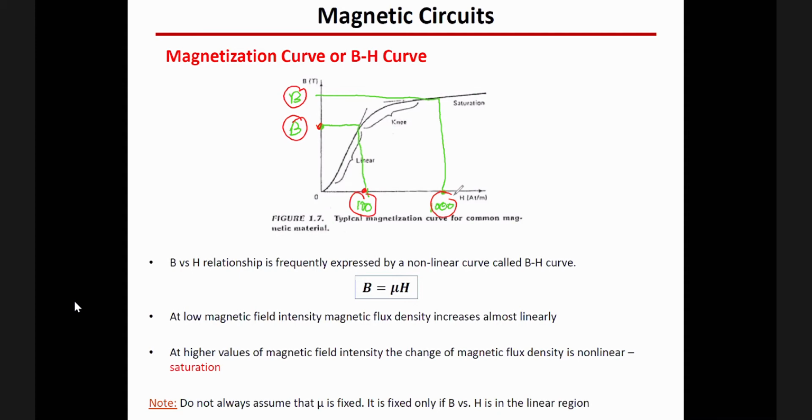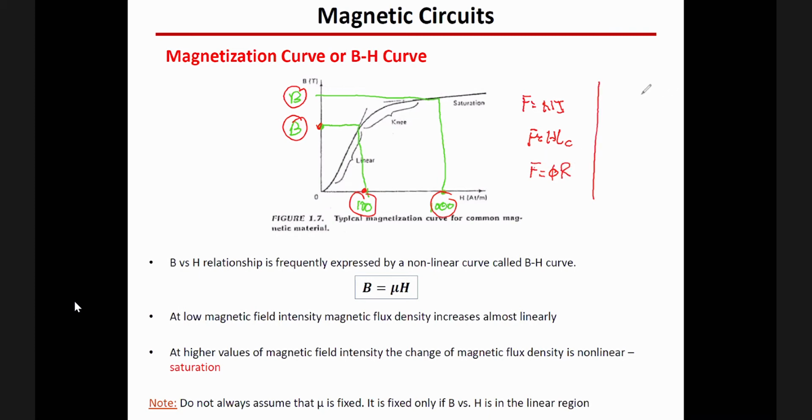So this is important, because if you remember, we had many equations before. For example, we have F is equal to Ni. F is equal to H Lc. F is equal to flux times R. You remember this?